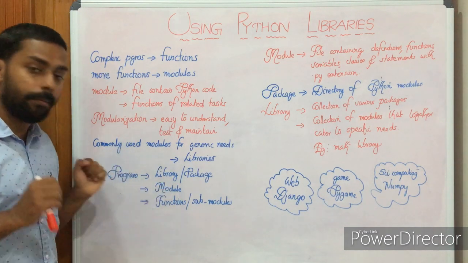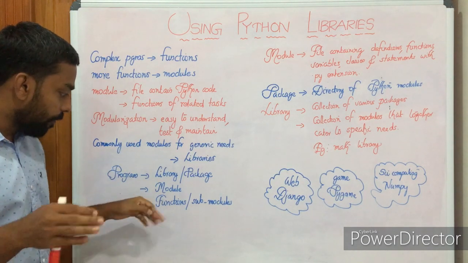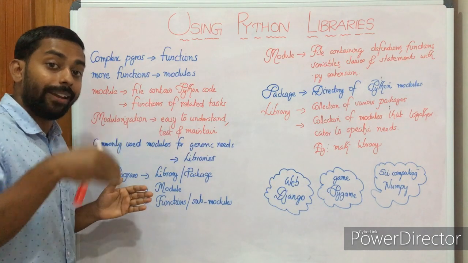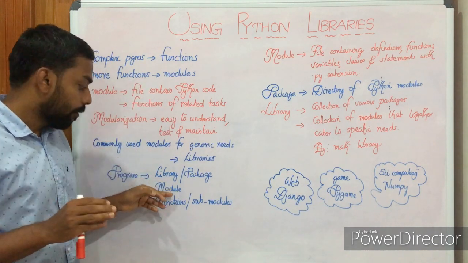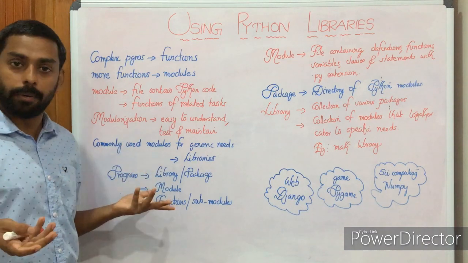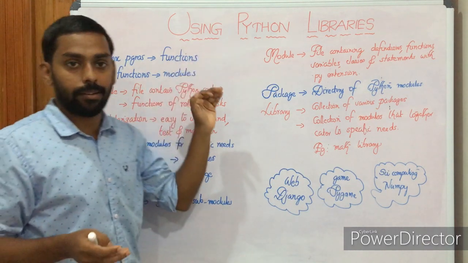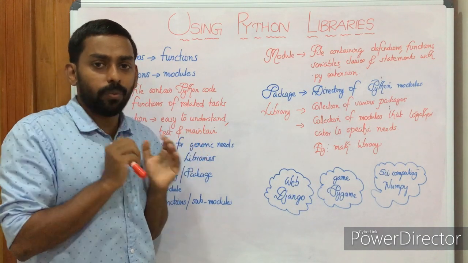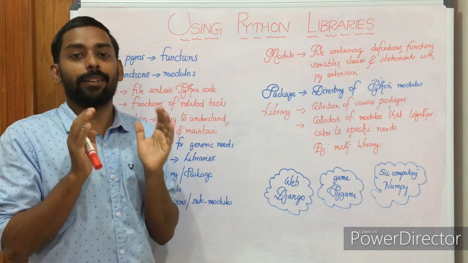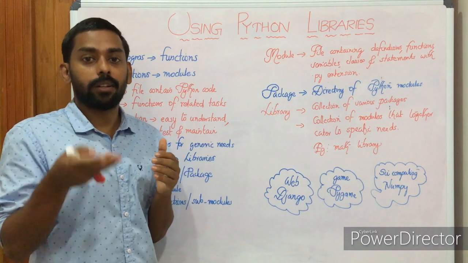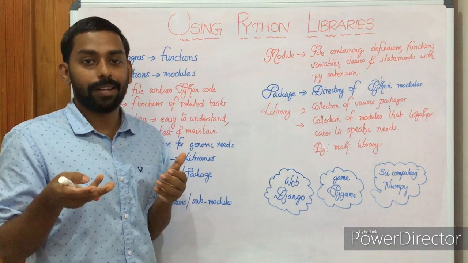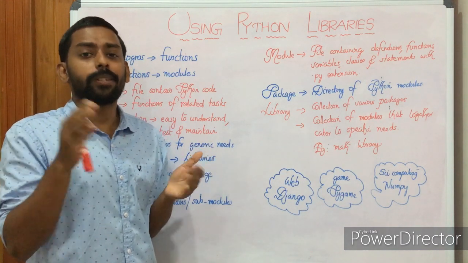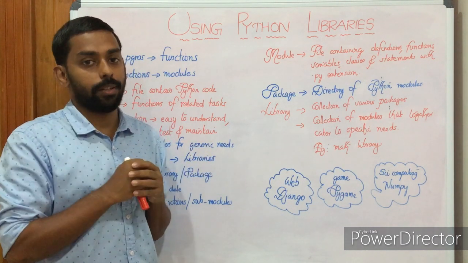We can have functions or submodules, a number of functions can be organized as a module, and a collection of modules forms libraries. Let's connect these three terminologies: modules, packages, and libraries. A module is a file that contains definitions, functions, variables, constants, some statements, and of course classes and objects. That is what a module is.